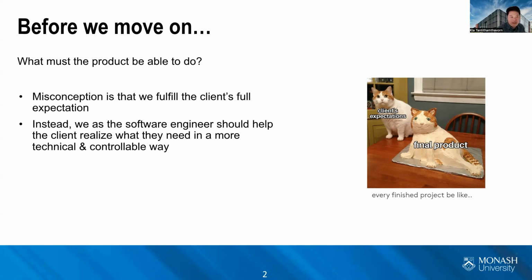Yes and no. It depends. We need to make it clear as part of the requirement as well. When we elicit a requirement, today they want something, tomorrow they may want another thing, right? But everything should be written down in the document, to avoid any misconception, misunderstanding, and manage the expectation very well.